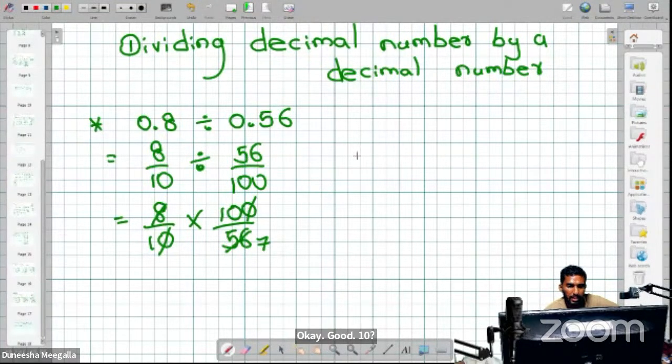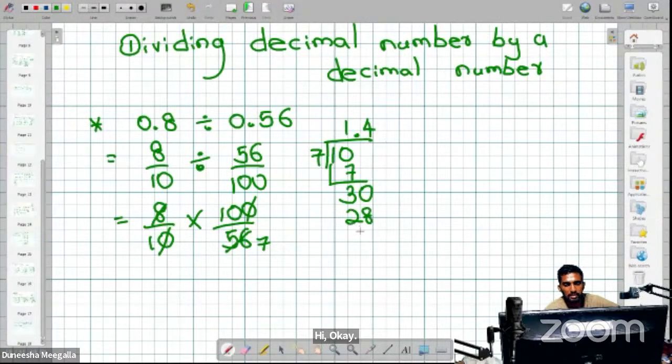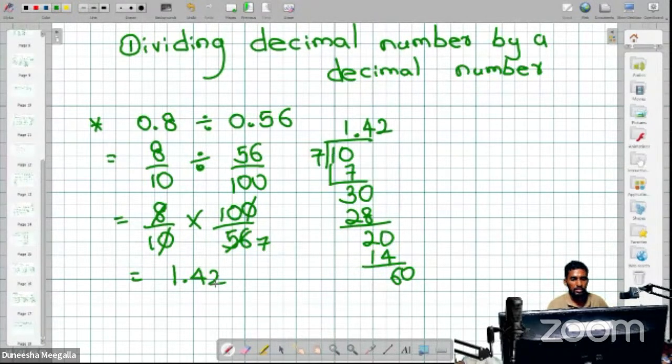Then you can divide 10 by 7. How many 7s in 10? 1. Then 7, remaining 3. Put the decimal point, get the 0. 4 sevens are 28 for 30, 2, then 20, then 40, then 60. Okay, you should get something like 1.42. Two decimal points are enough.